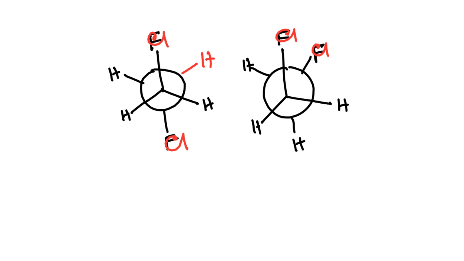Because fluorine is more electronegative than chlorine, and there is an effective hydrogen bonding. In the case of chlorine, it's larger in size, so to minimize repulsion, the anti conformation will be most favorable.